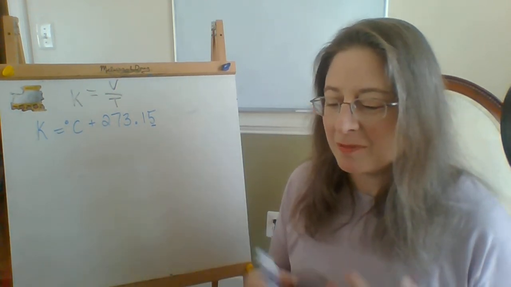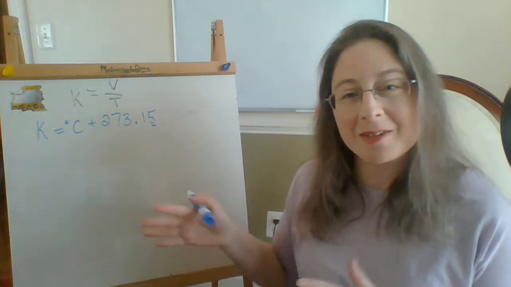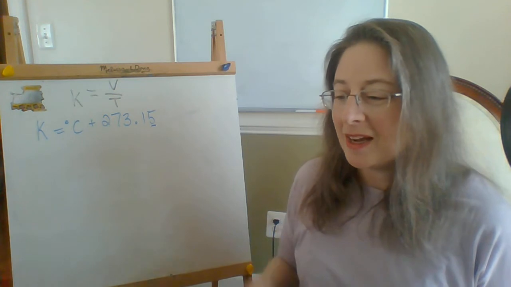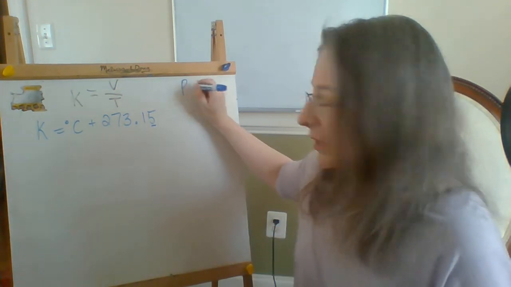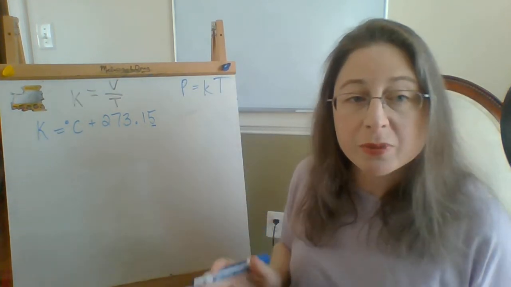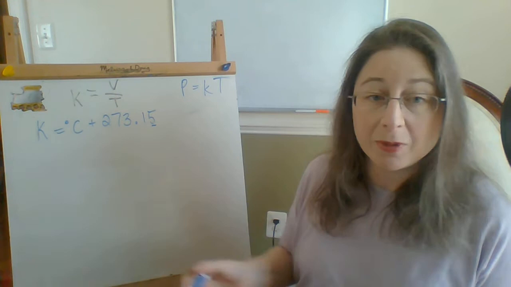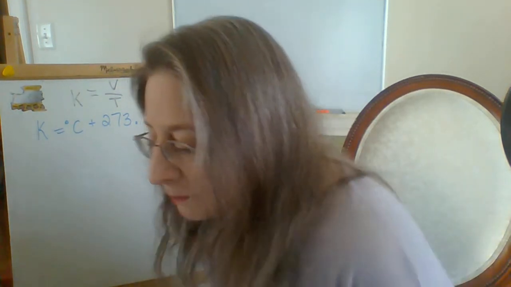Some people call it by other people's names, but all those other people have laws too. So gas law naming gets really confusing. The relationship between temperature and pressure, if mass and volume are constant, I just call that unnamed gas law.